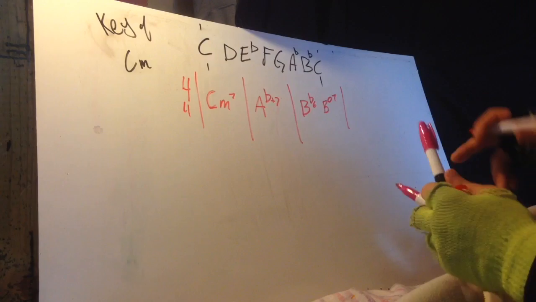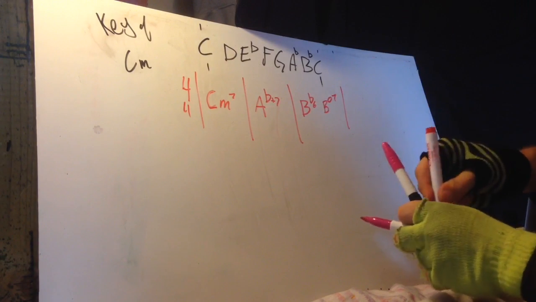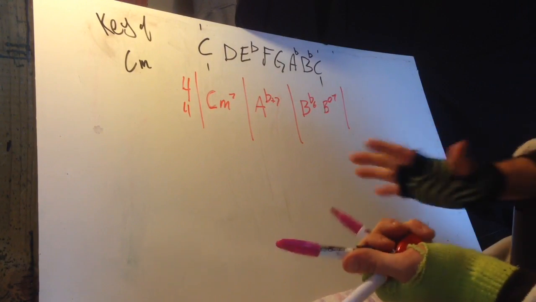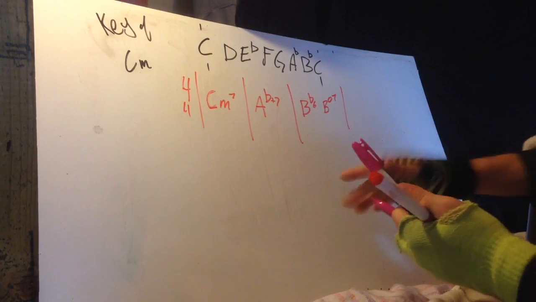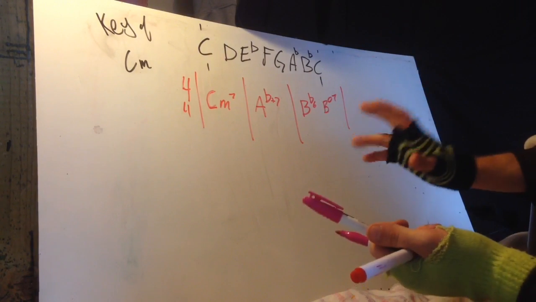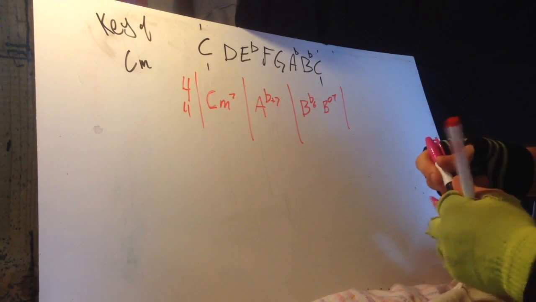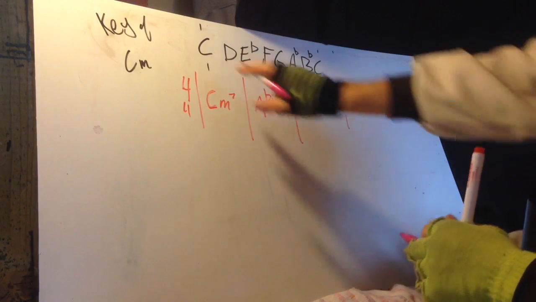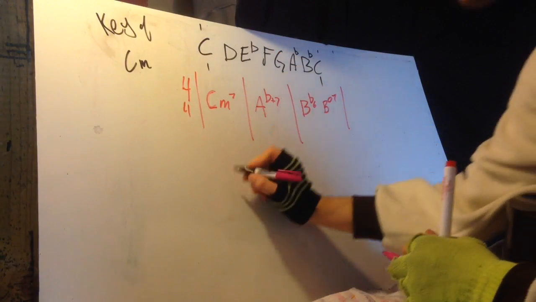But let's take a look at what I mean by pulling. Where is the pulling? How do you classify and actually realize what you're pulling? So again, we're going to keep this C minor 7.